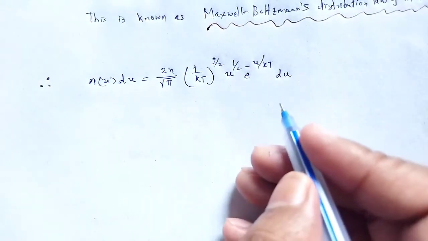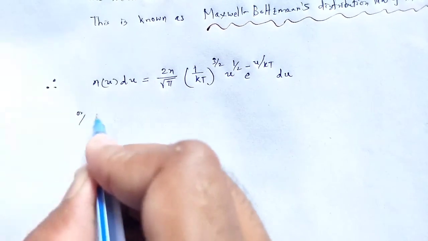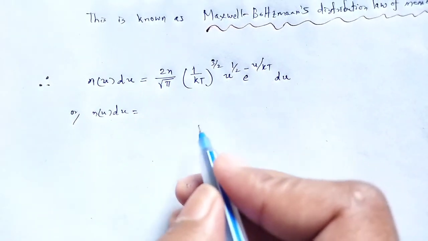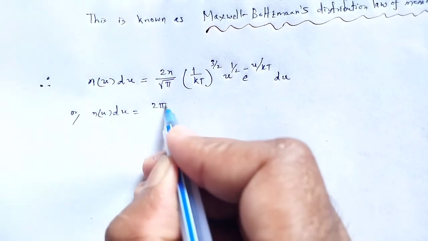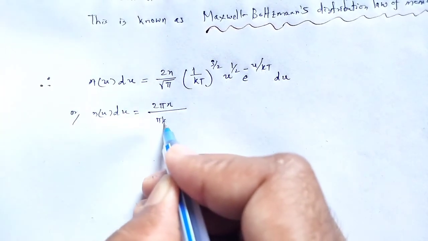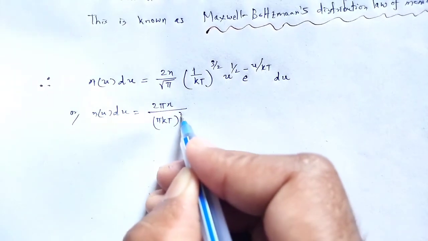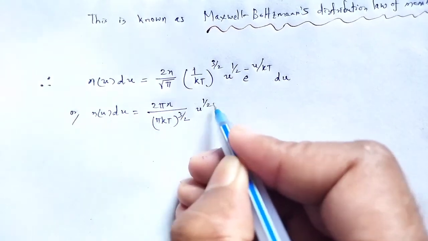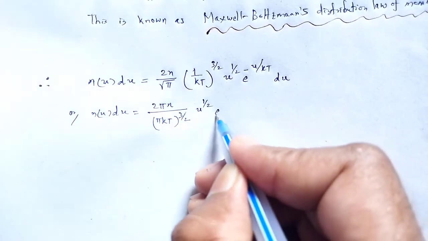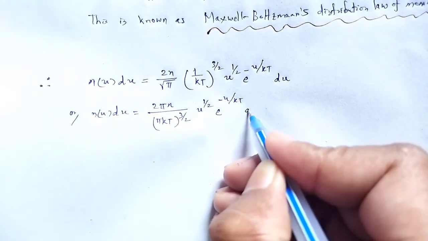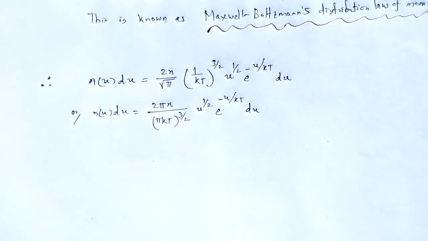Simplifying, we write N(u) du equal to 2 pi N divided by (pi kT) to the power 3 by 2, u to the power half, e to the power minus u by kT du.